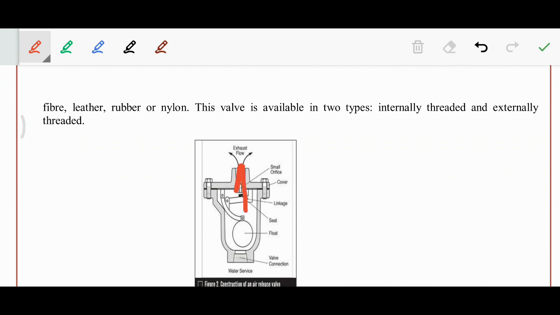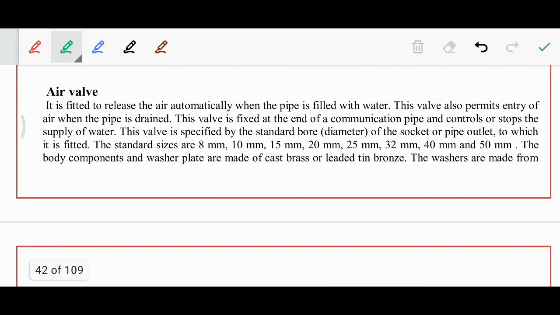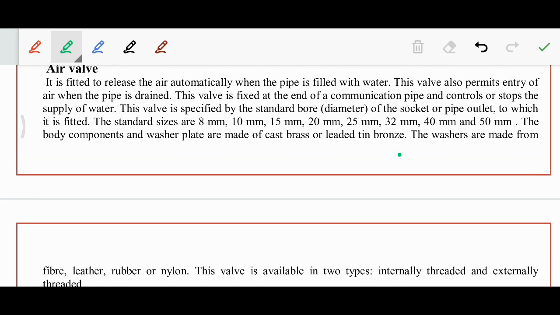Here you can see whenever the flow strikes this bob, the air will exit. If air is there in the pipe, there is a chance of backflow, and it is also going to damage the pumps. So to control or stop this water supply or to exit this air, we are going to use the air valve. It is available in the standard sizes, that is 8 mm, 10, 15, 20, 25, 32, 40 and 50.